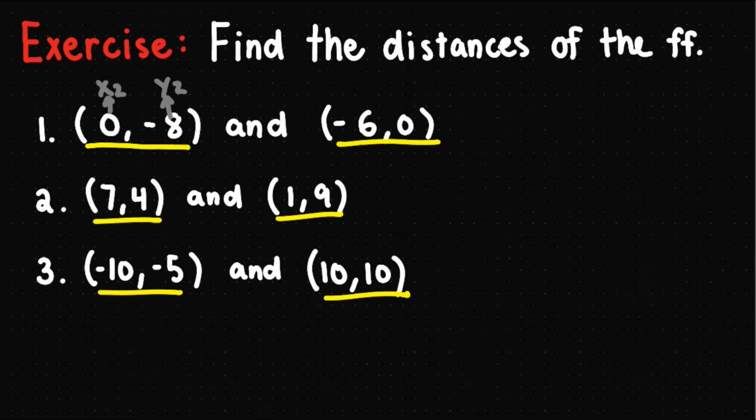So for instance, you can't set this to be y sub 1 and this one to be x sub 1. That will give us the wrong answer if you do that. So take note of that one. The proper combination must be this is the x sub 1 and this is the y sub 1, since this first one out here refers to the x coordinate and this to be the y coordinate.